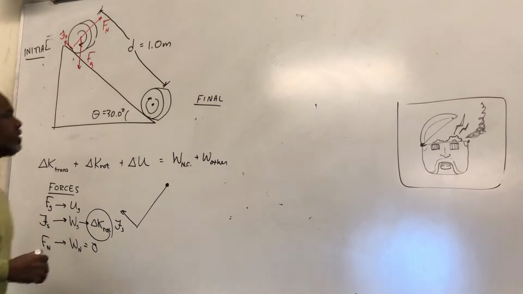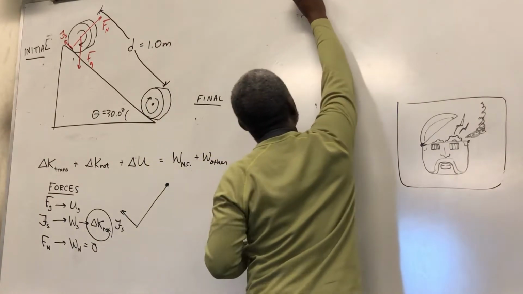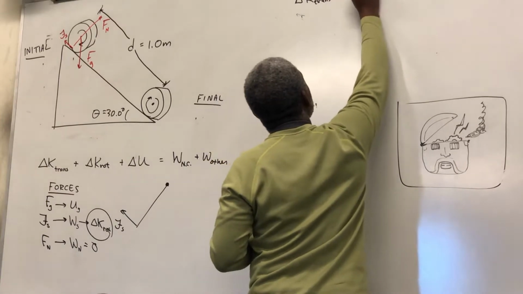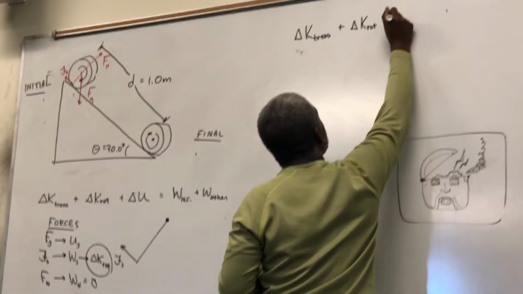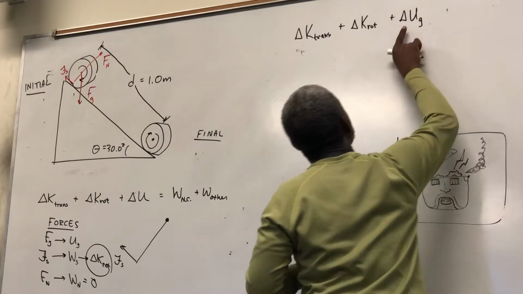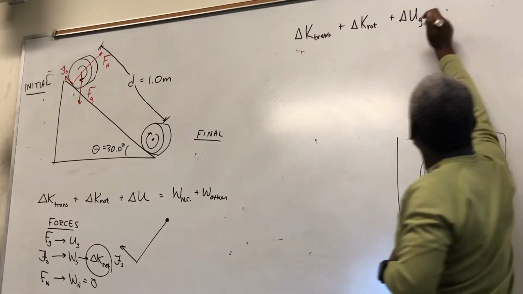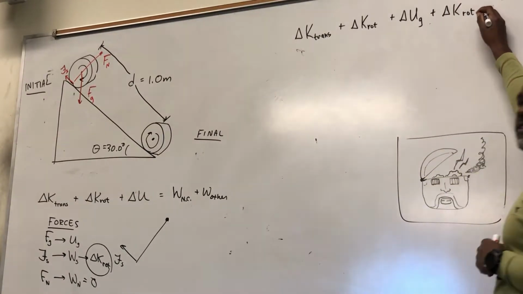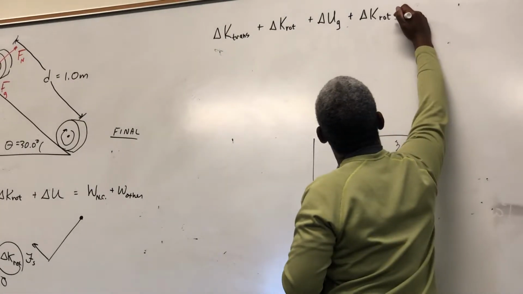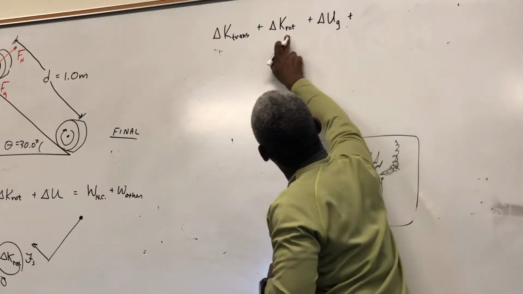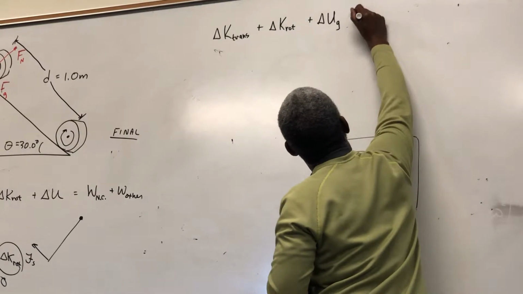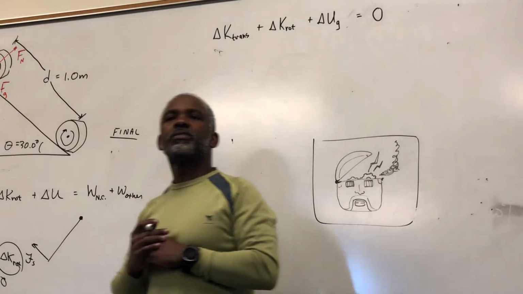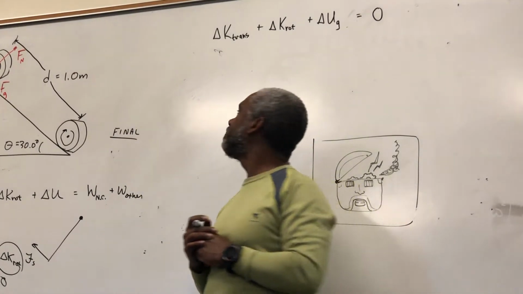The reason I created this catalog was so I would know what to put in my conservation of energy equation. So it's translational kinetic energy, rotational kinetic energy. Since I have gravity, this is the potential energy due to gravity, and friction is causing it to rotate, so I'll have the change of kinetic energy. Oh, I already got that. This was the friction contribution. And this is equal to 0 because nothing else is contributing to work.